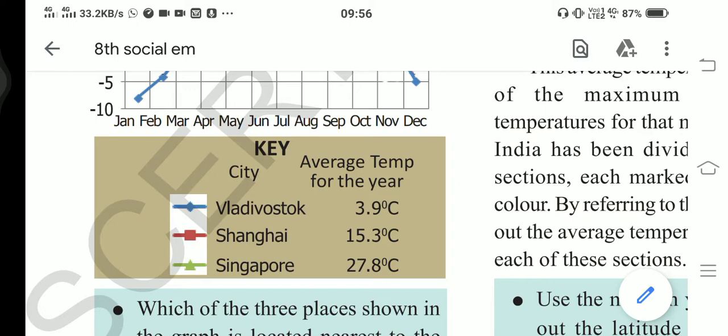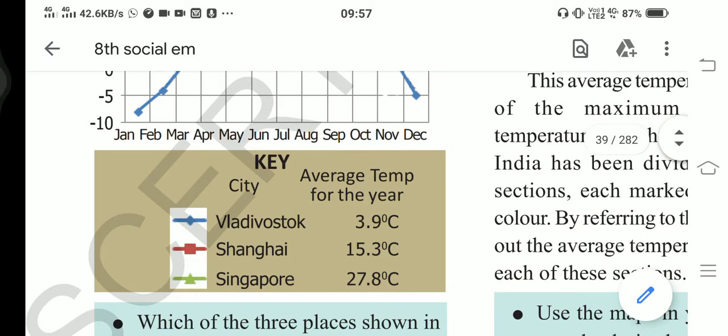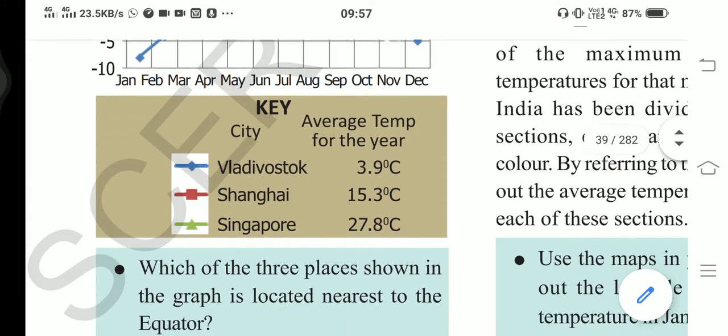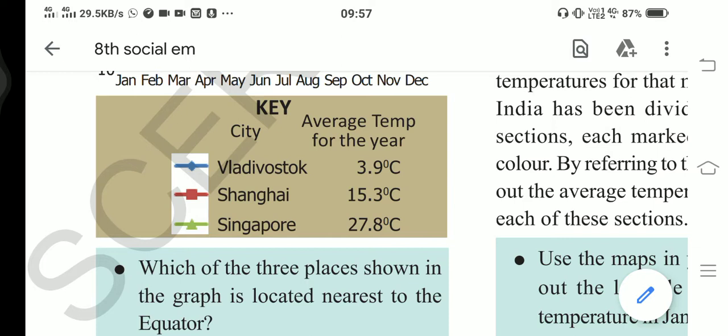That means every day from January to December, on average the temperature is 3.9 degrees centigrade at Vladivostok, 15.3 degrees centigrade at Shanghai, and in the same manner, on an average day the temperature at Singapore is 27.8 degrees centigrade, right?